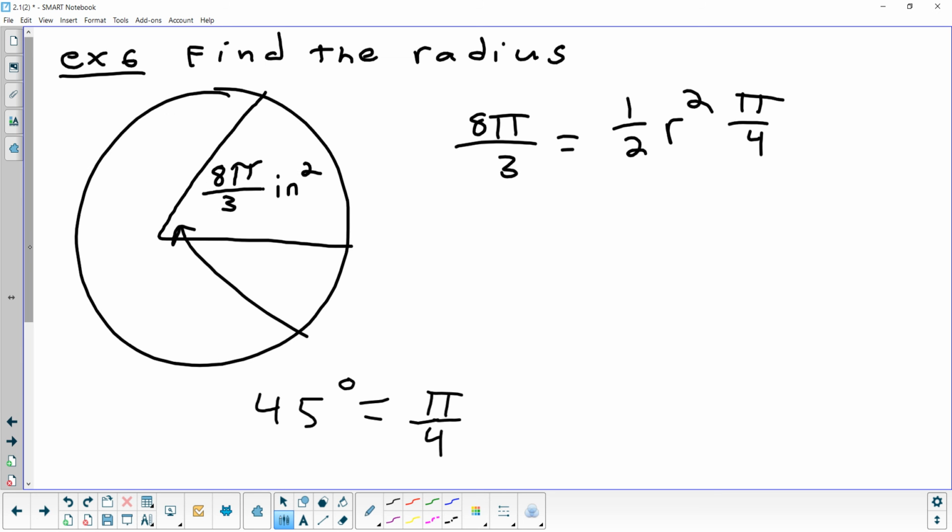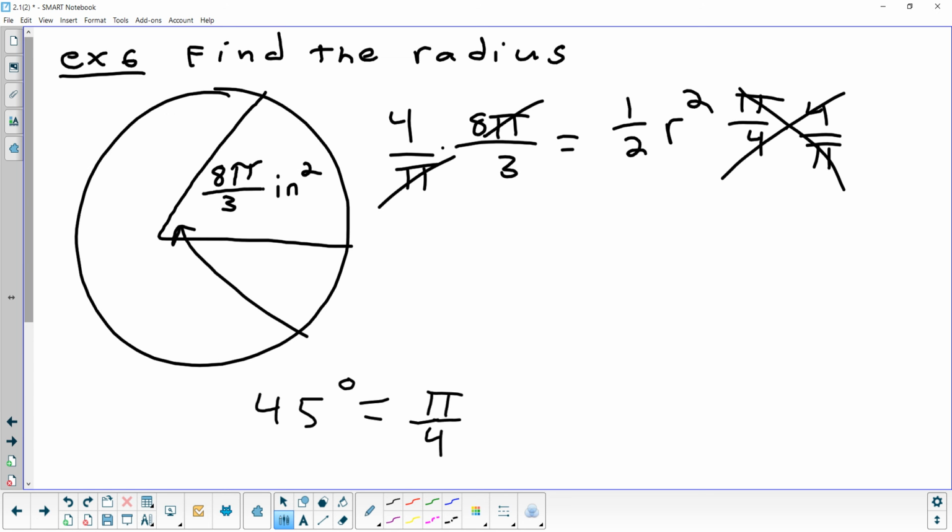So let's start with the pi over 4. We had something kind of like this earlier. Anybody remember how I can get rid of the pi and the 4 at the same time? Yeah? Multiply each side by the reciprocal, 4 over pi. That's going to cancel all kinds of stuff. The 4's are gone. The pi's are gone.